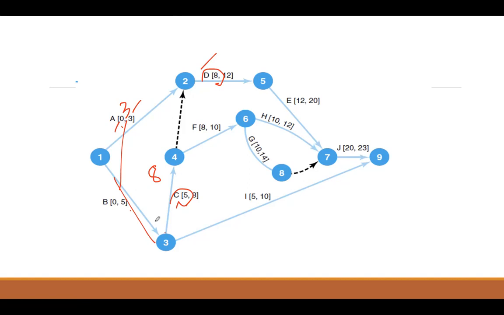But A has the slack available that it can start a little late. It won't hamper the project progress, right? So critical activities are those which don't have any margin available to them, so that if they are delayed it will impact the complete project duration.